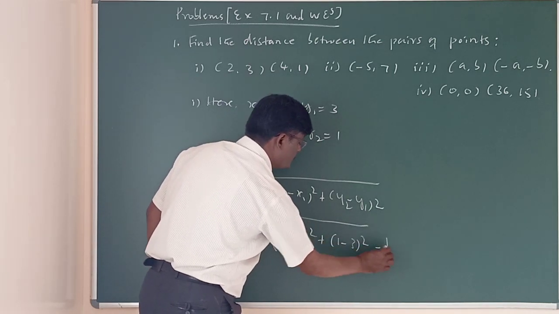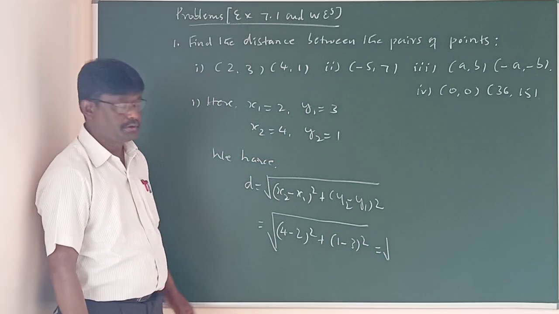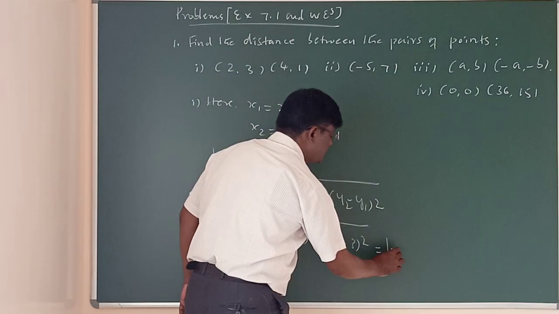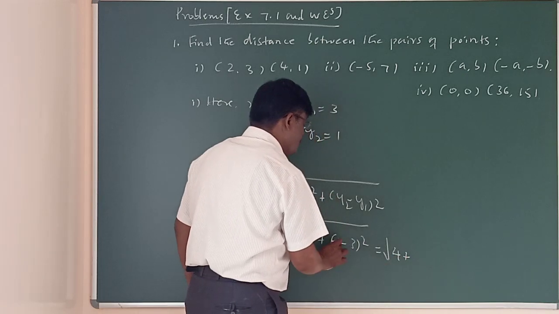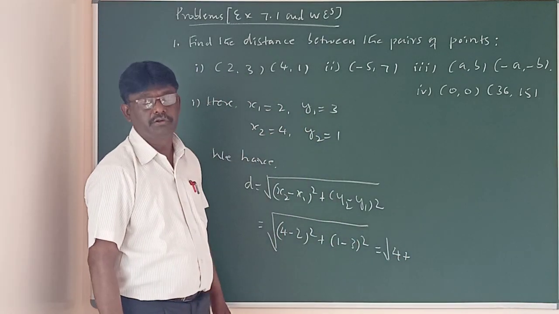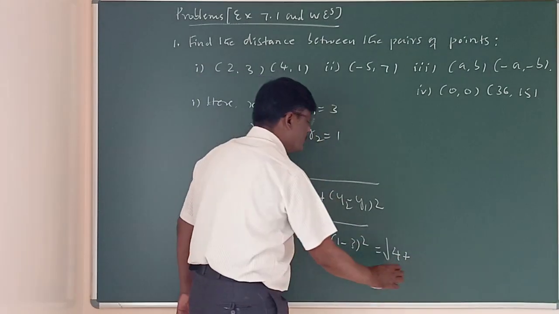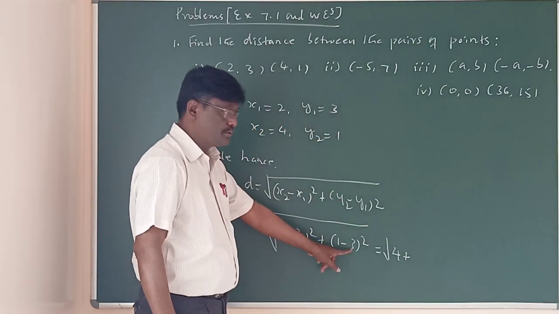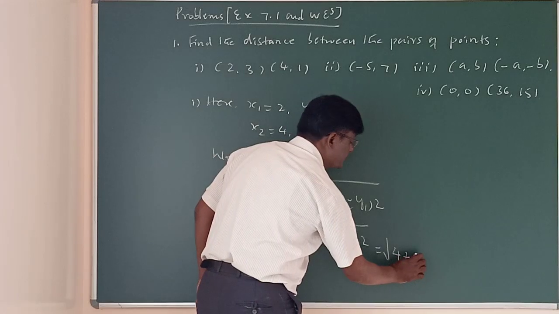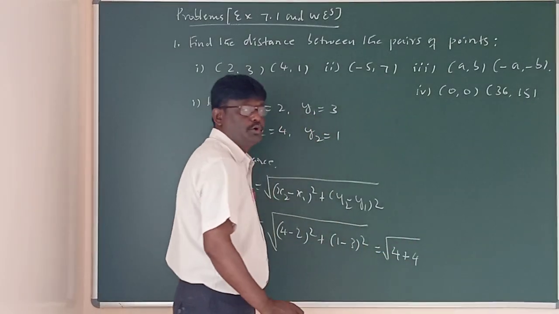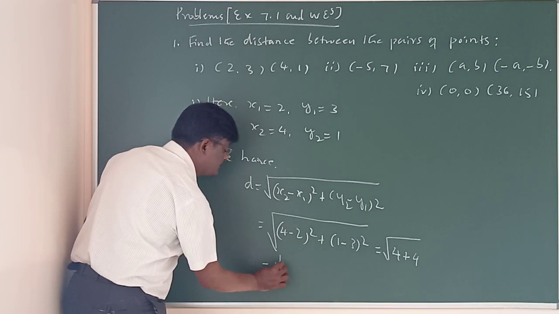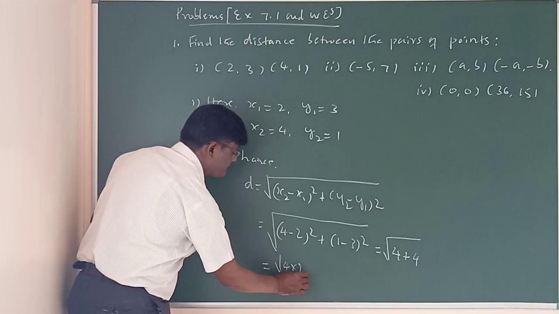So this is equal to, what is 4 minus 2? 4 minus 2 is 2. 2 square is 4, plus 1 minus 3 is minus 2. Minus 2 square is 4. See children, (1 minus 3) square is also 4. 4 plus 4 is what? You will say 8. But here I say that as 4 into 2.